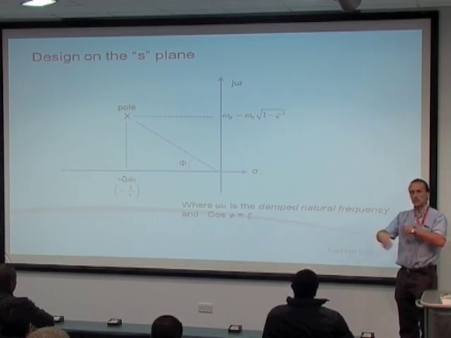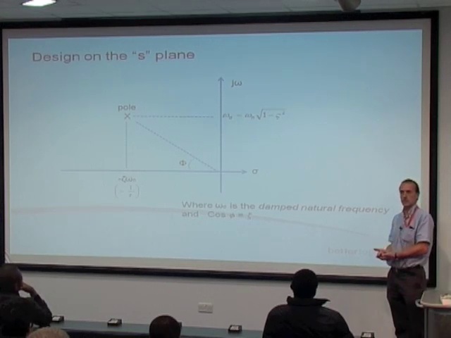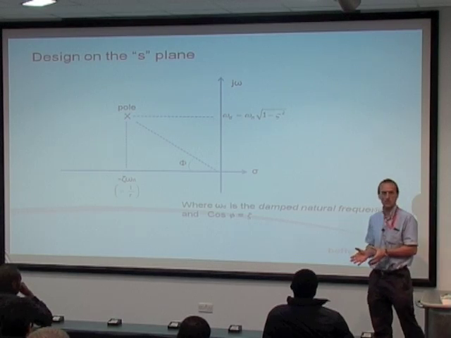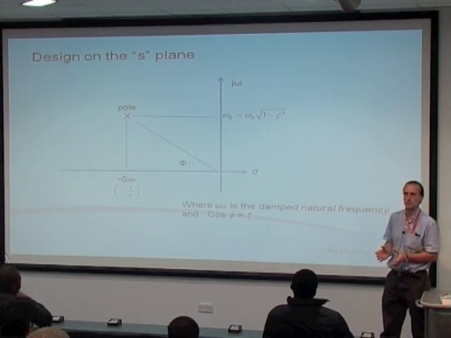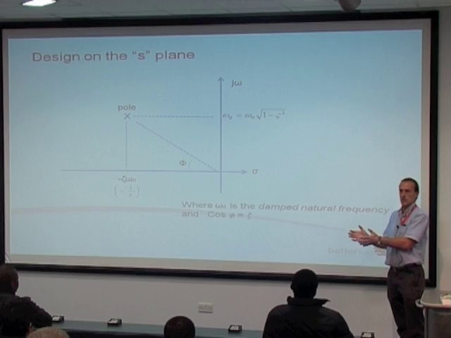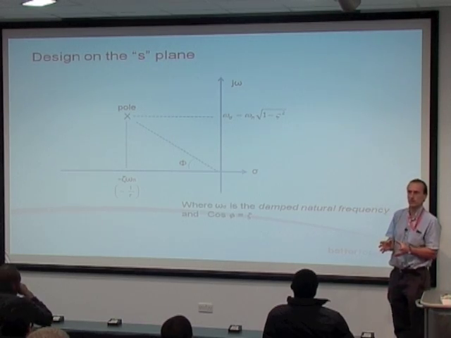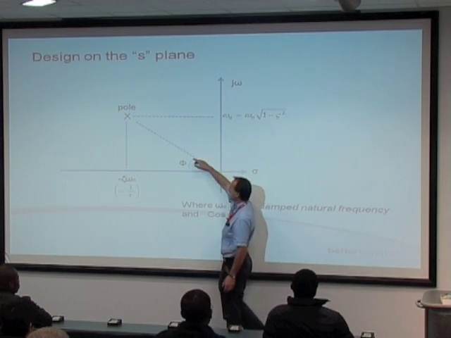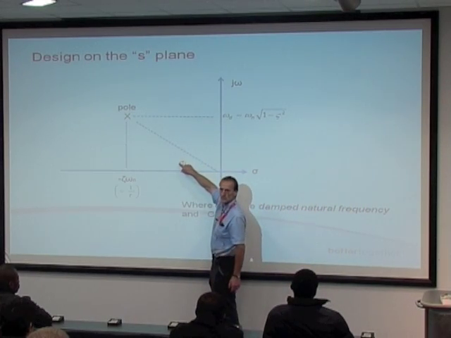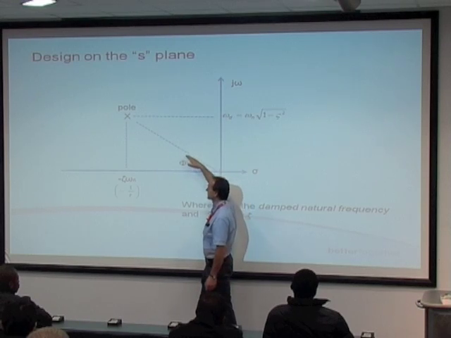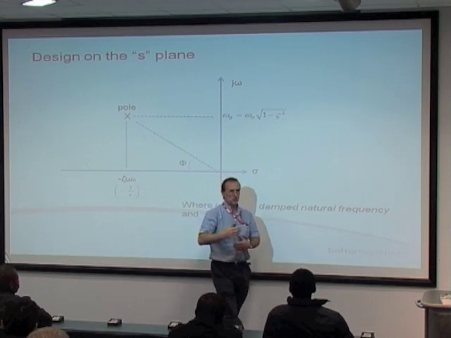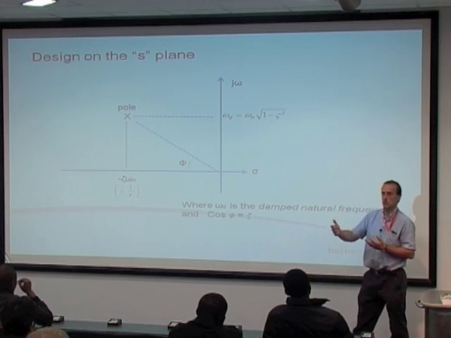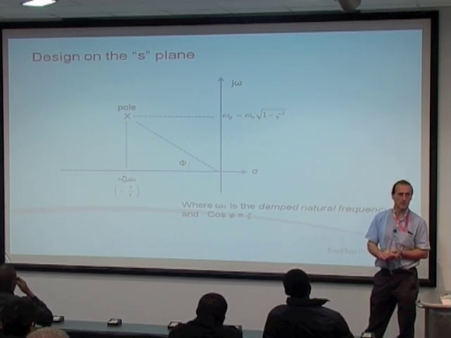Okay. So if I'm turning this on its head and starting to use it as a design tool, let's say I want an overshoot of 10%. Sadly, I remember that means zeta equals 0.6. Okay, I've been doing this for too long. I would just draw myself a construction line at an angle whose cosine is 0.6, and that will represent all the possible points that will give me zeta 0.6, which is my 10% overshoot.